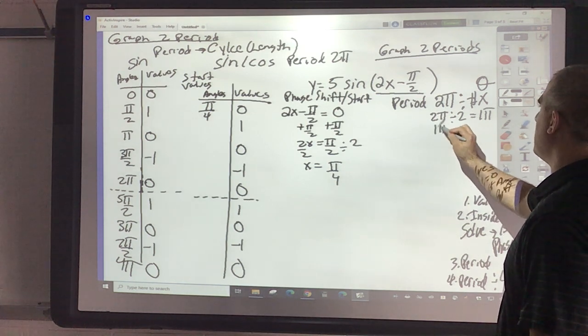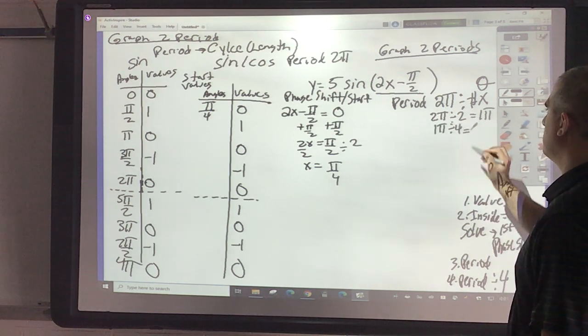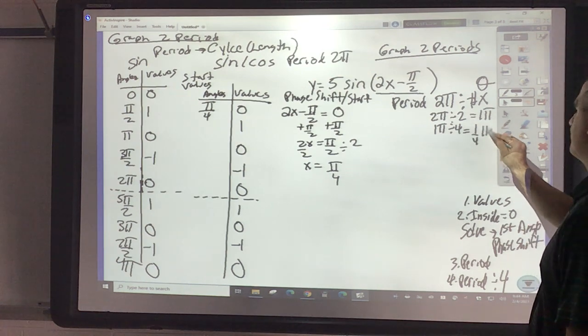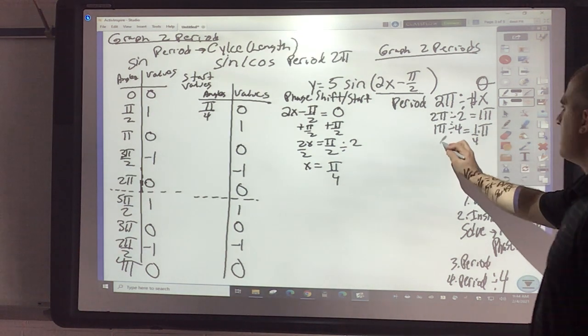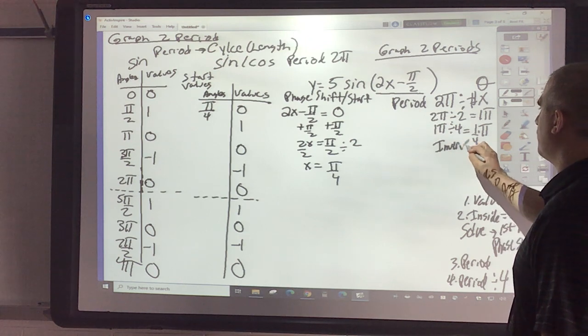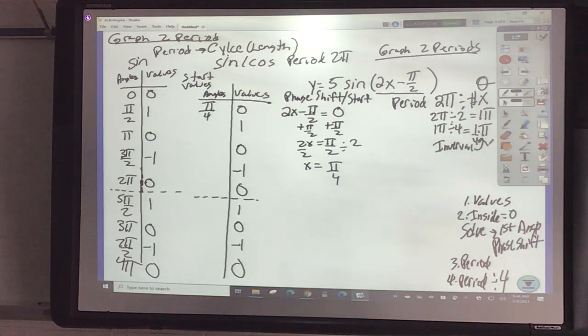So 1 pi divided by 4 would be 1/4 pi. What do I do with that amount? This is my interval, so my interval is also 1/4 pi.